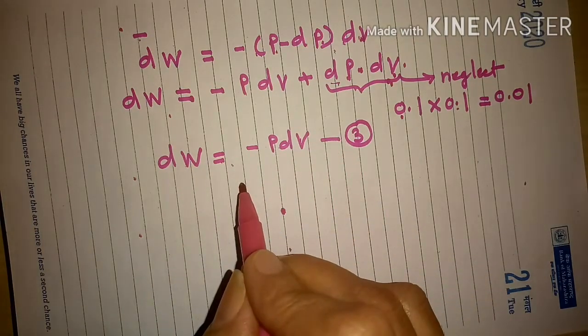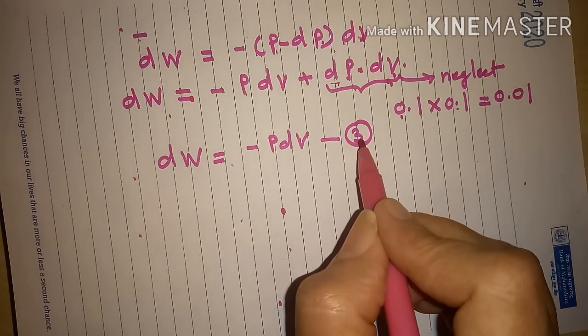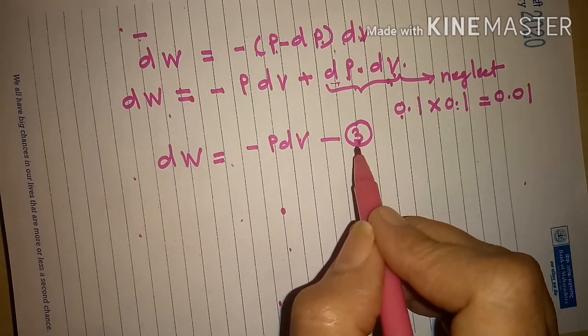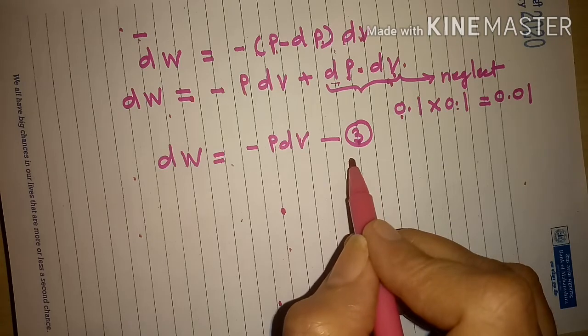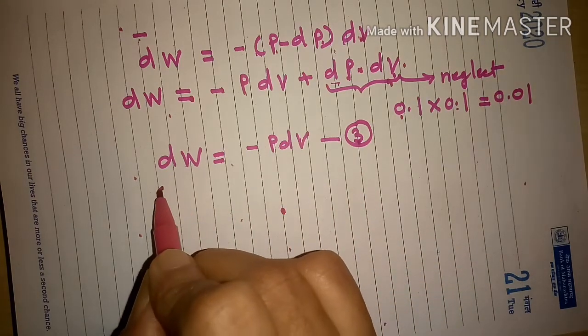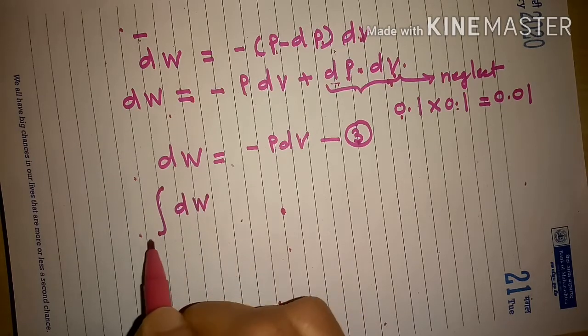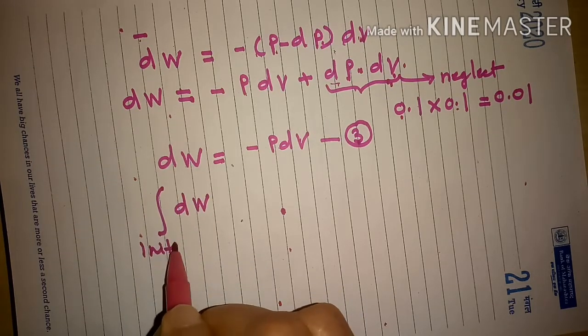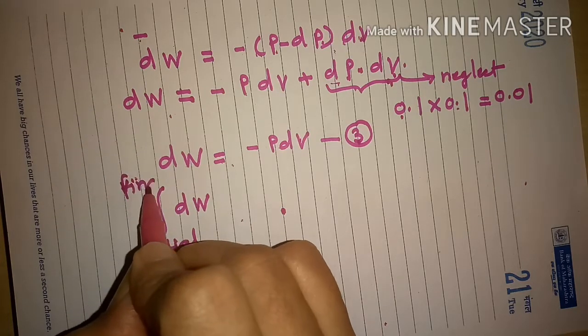Now the total work is obtained by integrating equation number 3 between the limits of initial and final state. This is the maximum work. As the expansion is reversible, we combine all these steps together and integrate between the limits initial and final.